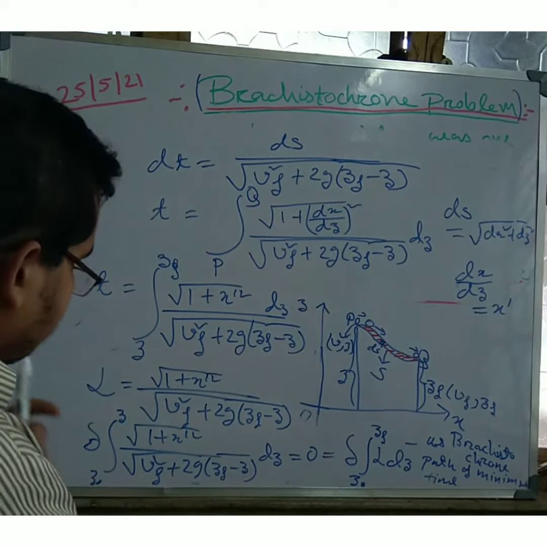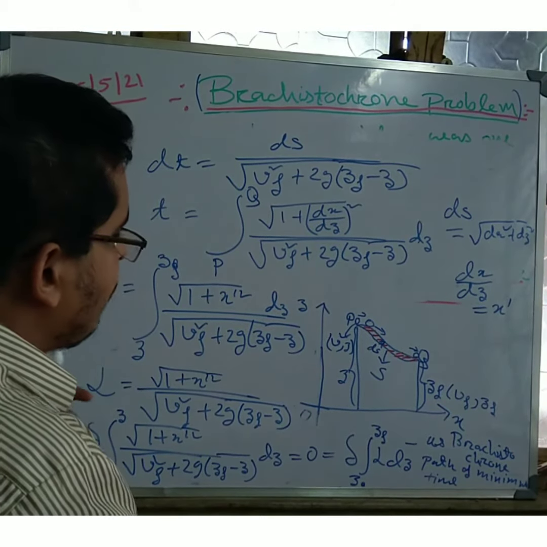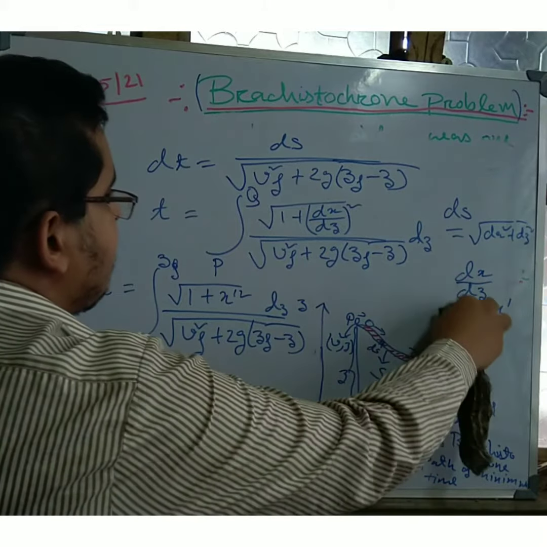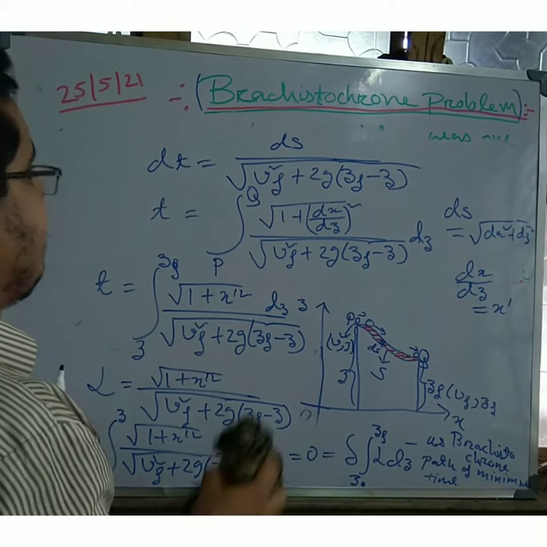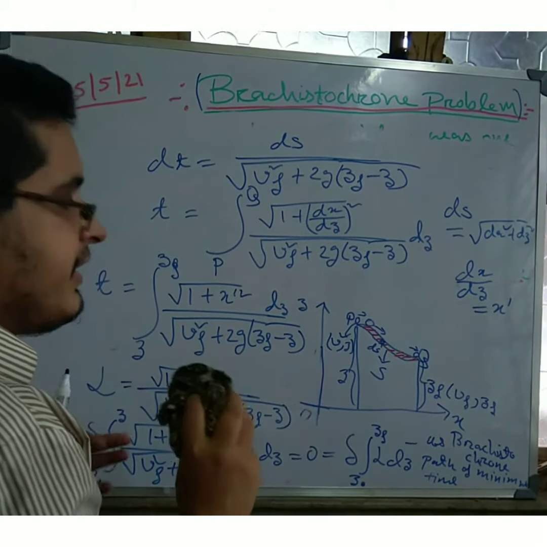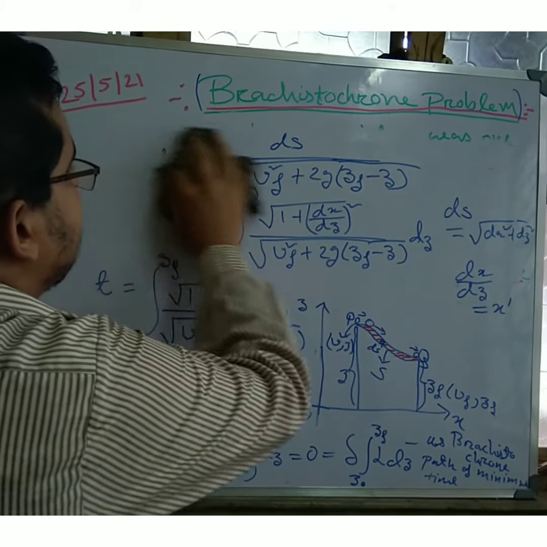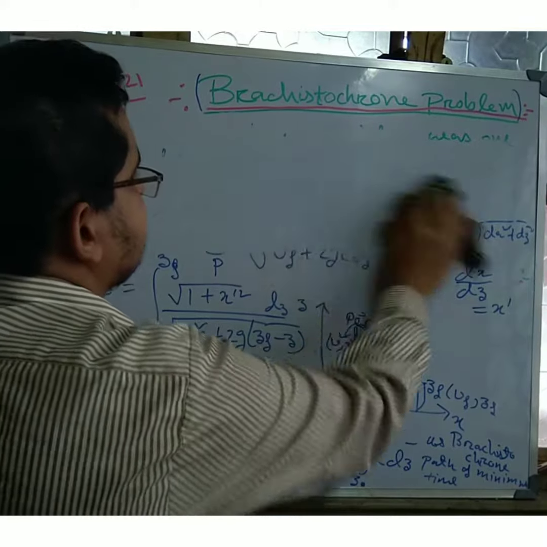Okay, so friends, we have learned that Brachistochrone is the path of the minimum time. Now I hope friends you have already written everything. Now I just move this portion.